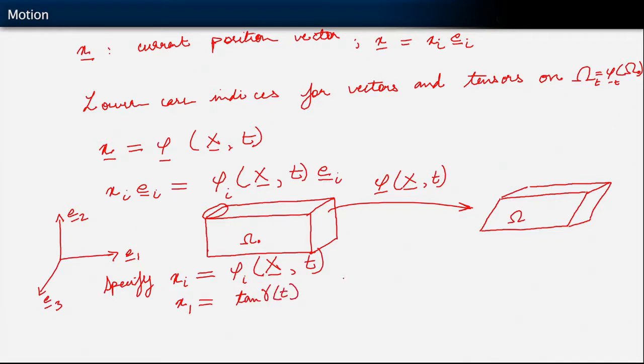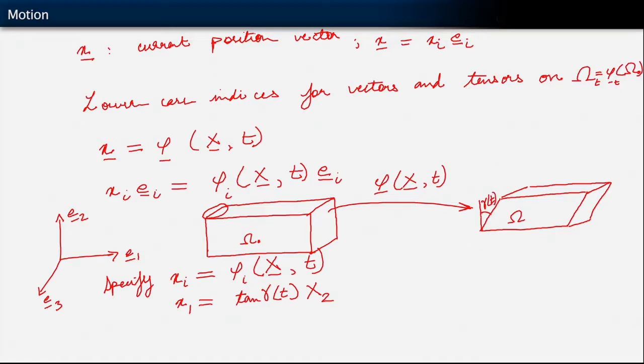Gamma is going to depend upon time, multiplied by X2. And the idea here is that gamma is that angle, a function of time.